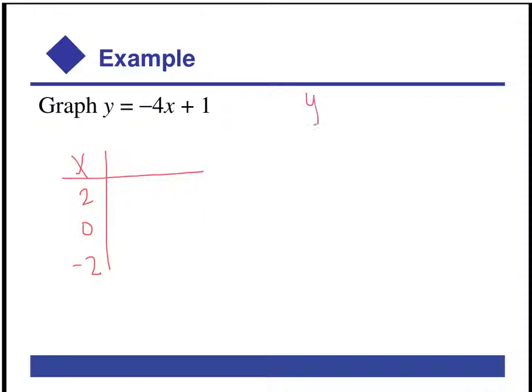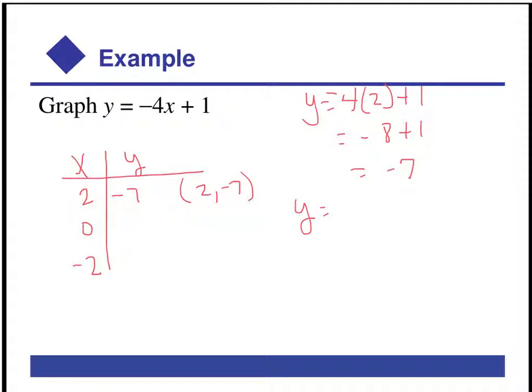So y equals -4 times +2 plus 1. So we get -8 plus 1 equals -7. So our first ordered pair is (+2, -7). So let's try 0. And again, you can choose any of the numbers you want to see what happens, and you can plot them.